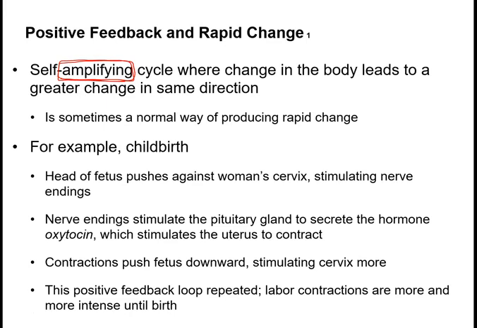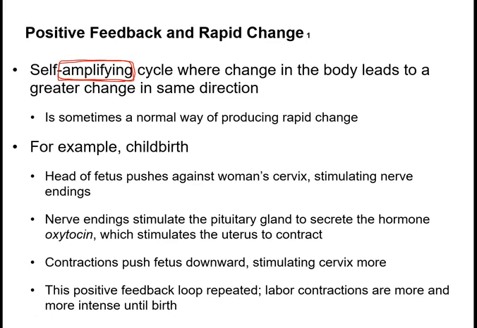So as a woman begins to deliver a child, the baby is going to push against certain parts of the female reproductive system, specifically an area known as the cervix. That is going to stimulate nerve endings. Those nerve endings are part of the receptor system. Once the baby starts pushing, those sensors are going to send a signal to release hormones.